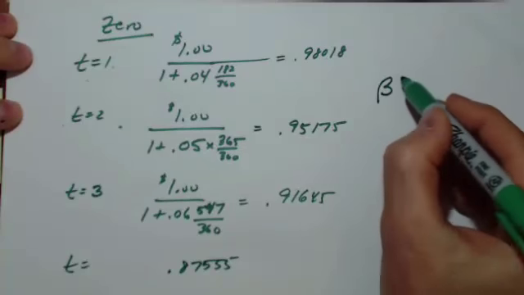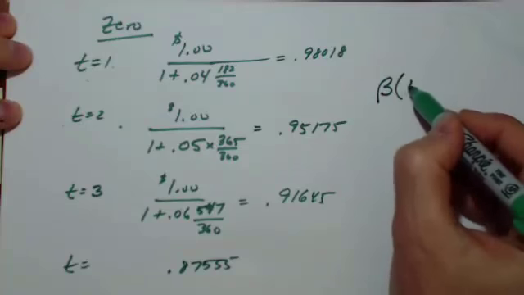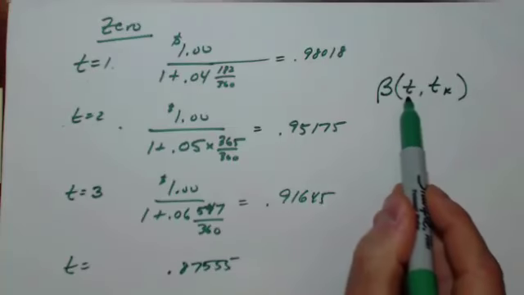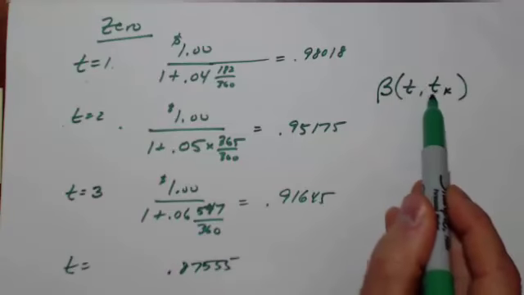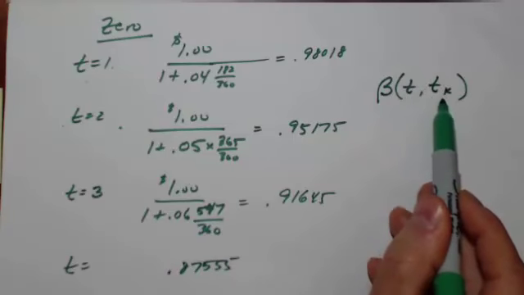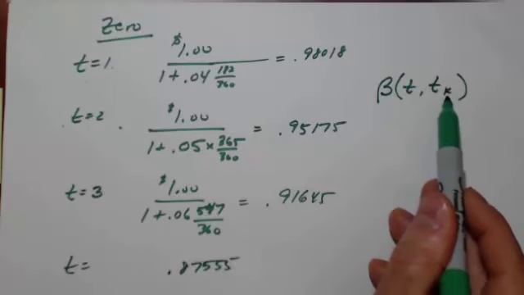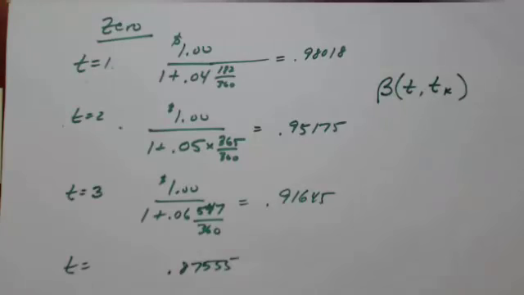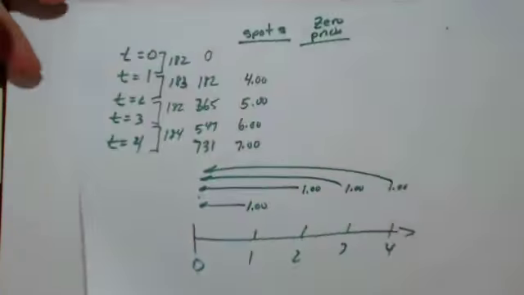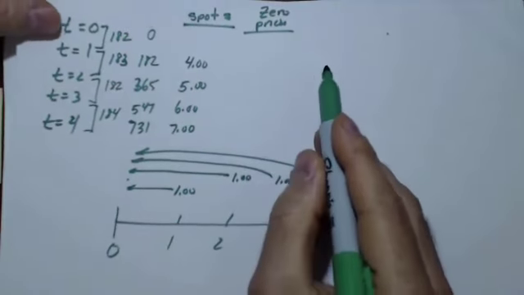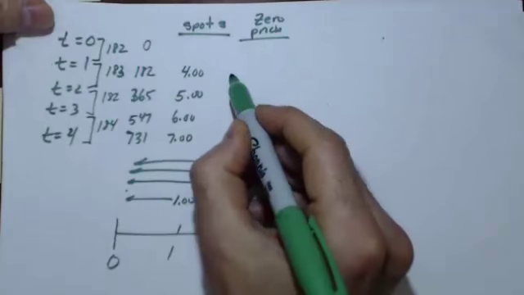So it says this is B, T, and then TK. So T is the time period right now, typically 0, and T subscript K is the maturity, the time that it covers, or the last time period that it covers. So now I can insert these numbers into the table that I'm building. Okay.